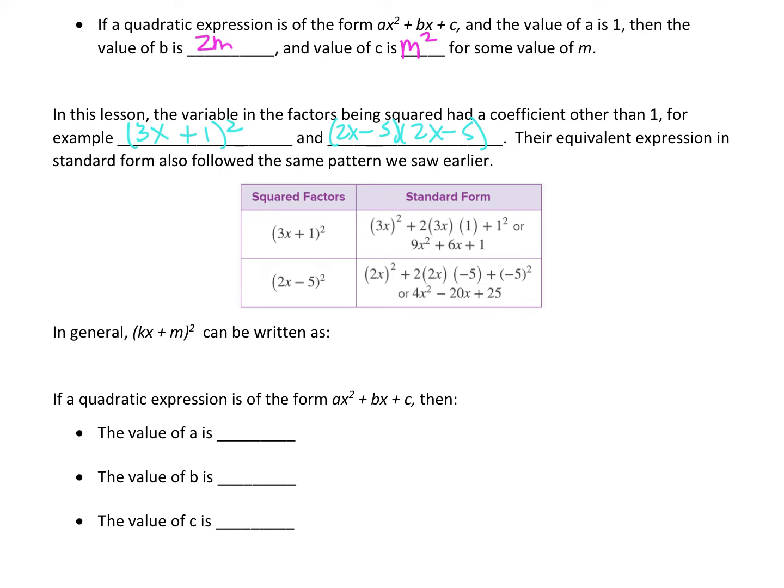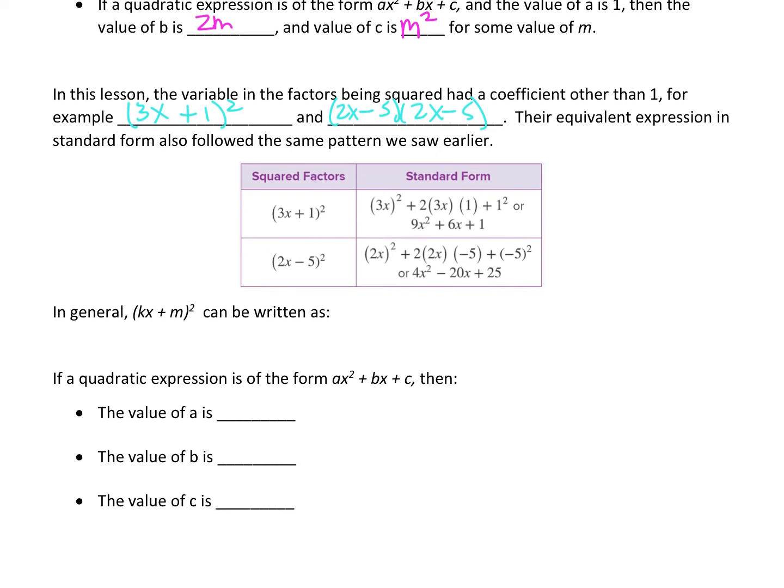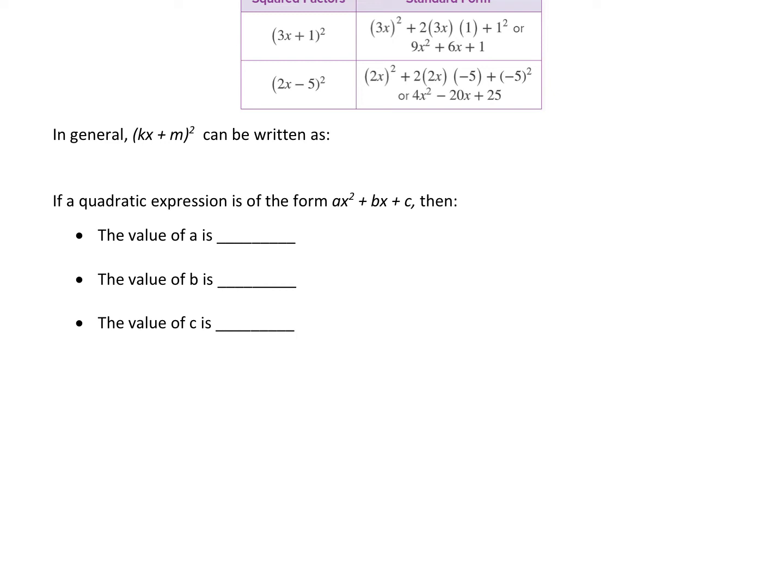So in general, (kx plus m) squared can be written as the first term squared plus 2 times the first term times the second term plus the second term squared.